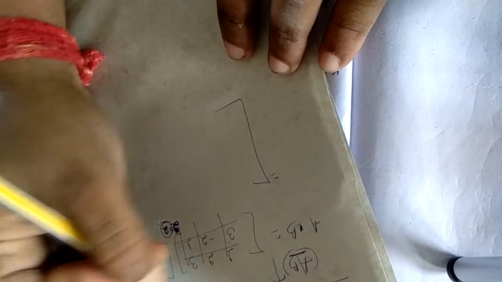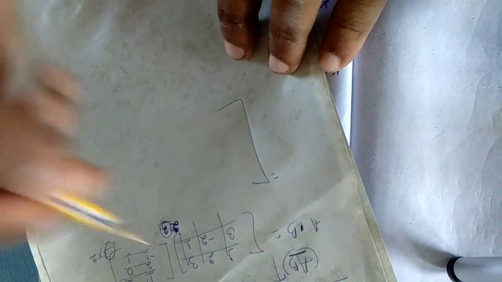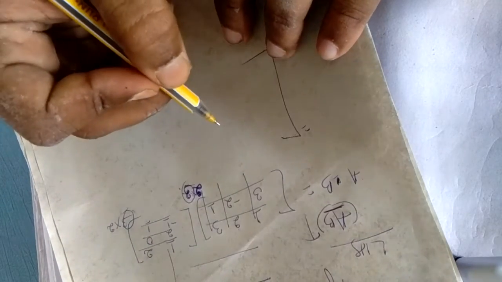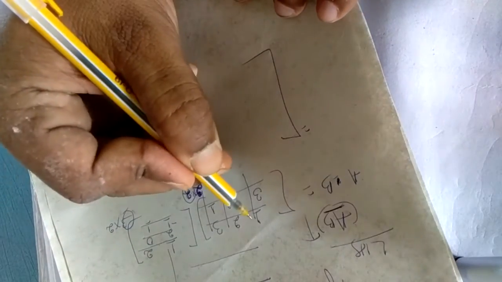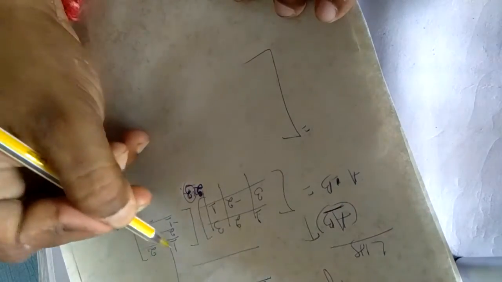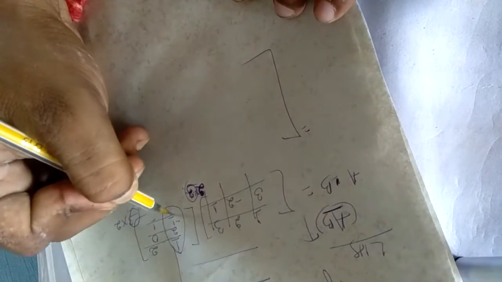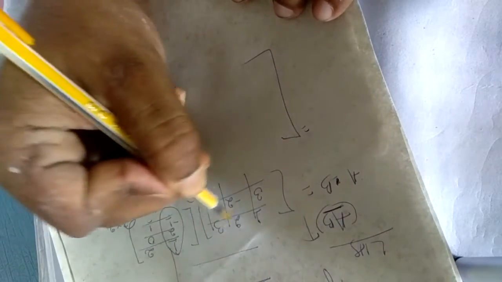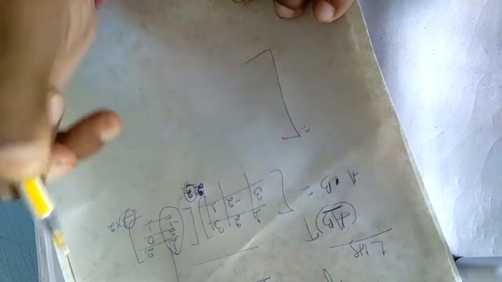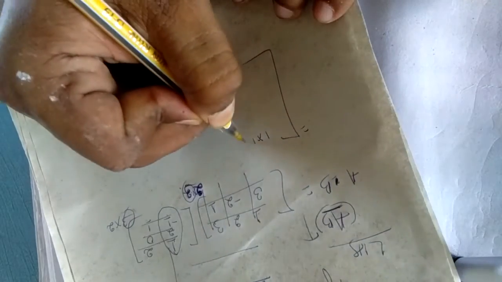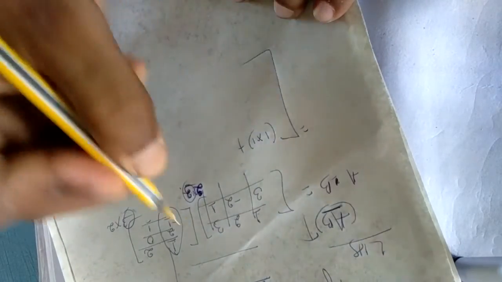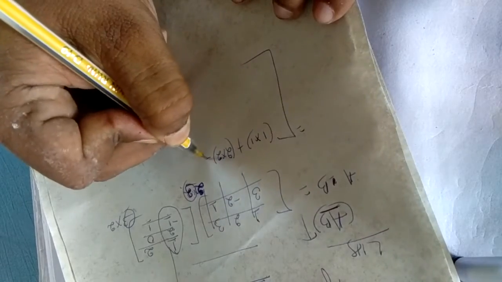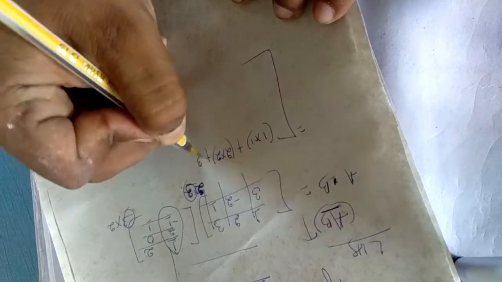First row 1 2 3 with the first column 1 2 minus 1, element by element, first with first, second with second, third with third, so 1 into 1 plus 2 into 2 plus 3 into minus 1.